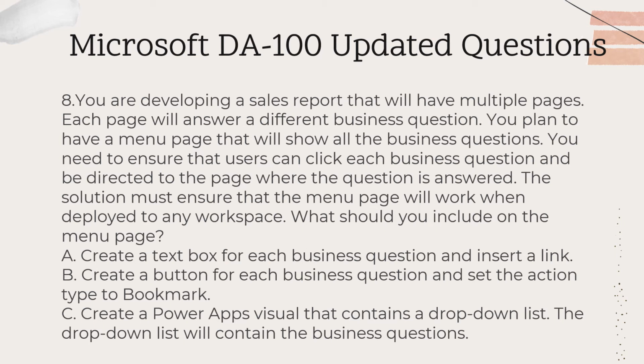A. Create a text box for each business question and insert a link. B. Create a button for each business question and set the action type to bookmark. C. Create a Power Apps visual that contains a drop-down list. The drop-down list will contain the business questions.